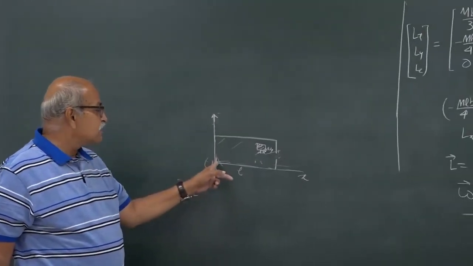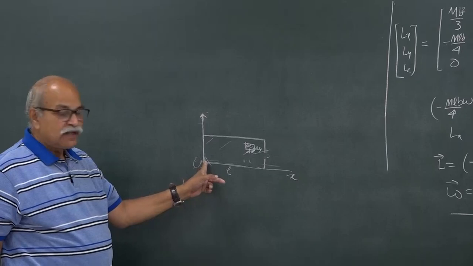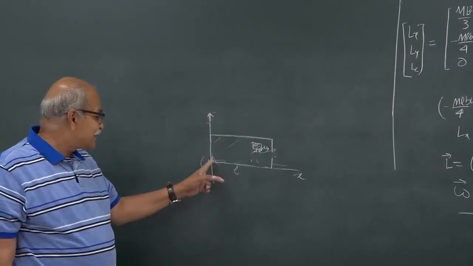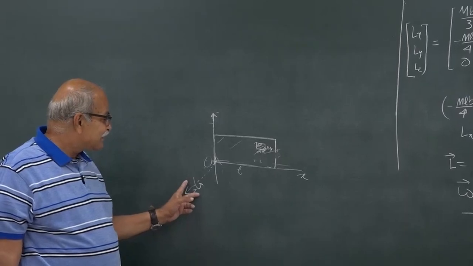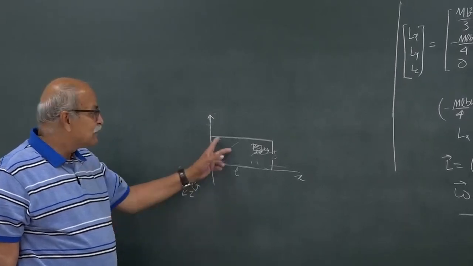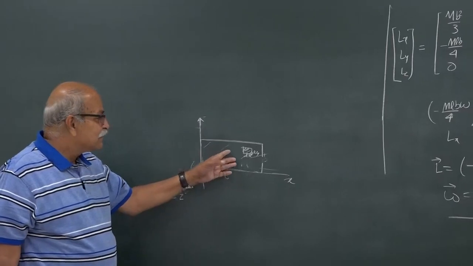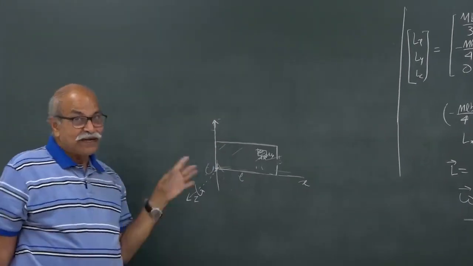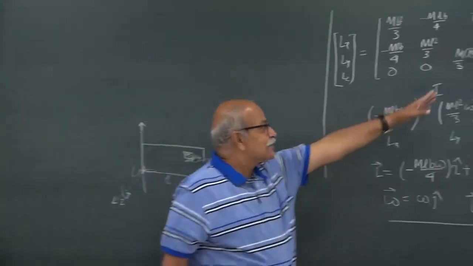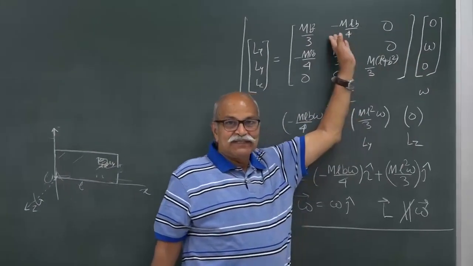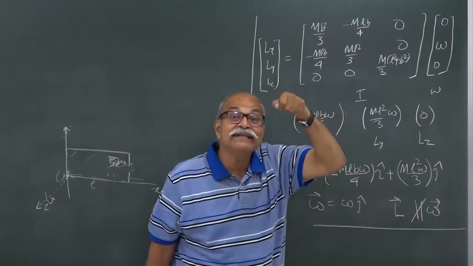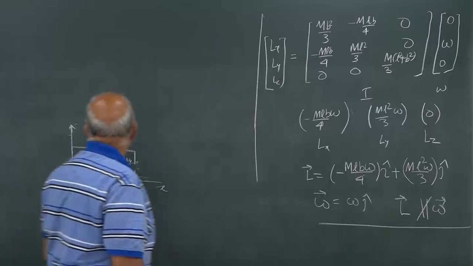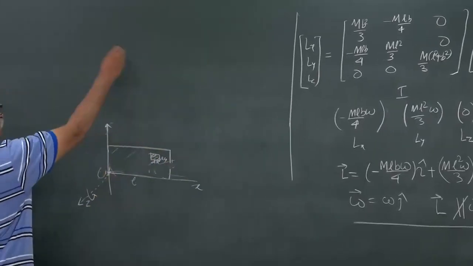Now, the moment of inertia of this plate about this origin is a fixed quantity, wherever the omega vector is. It is given by all those Ixx, Ixy, Ixz, and omega does not come in that; omega comes later. As long as the point O is fixed, it is the same moment of inertia.